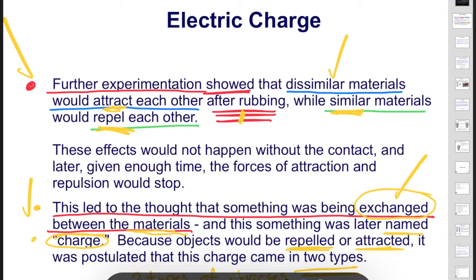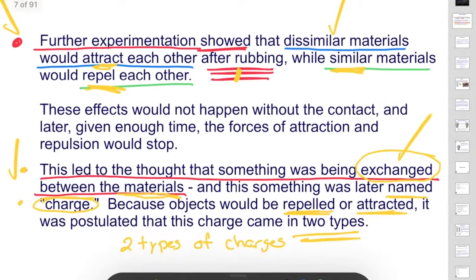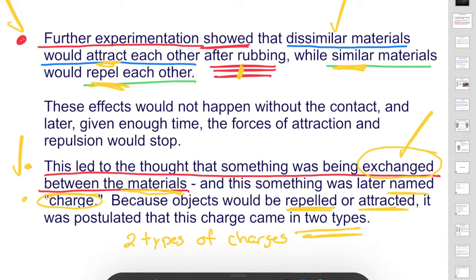And then they realized, hey, something needs to be moving from one point to another point between the objects. Now, they say, you know what? That is going to be called charge. And this is a really strong point that we need to remember. Charge is what moves from one object to another object.